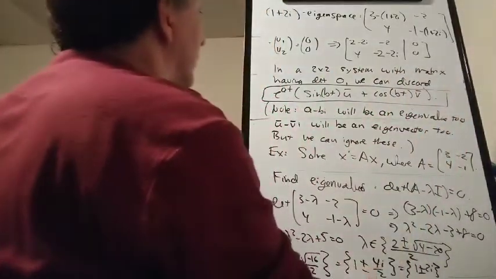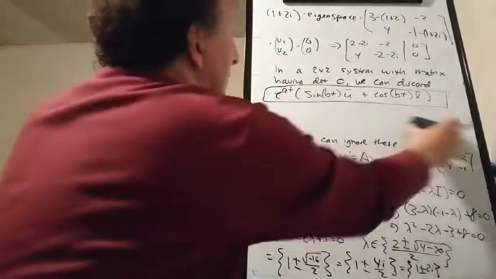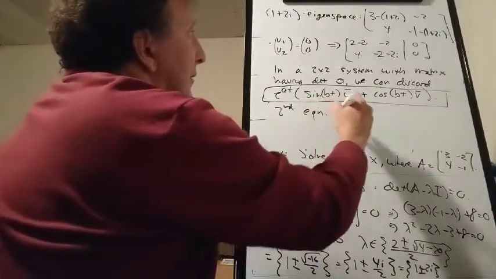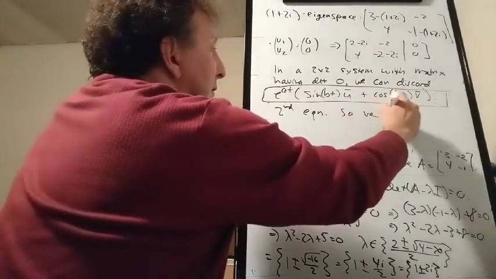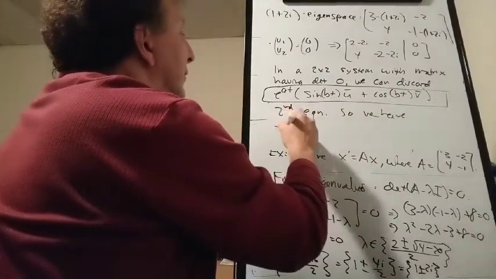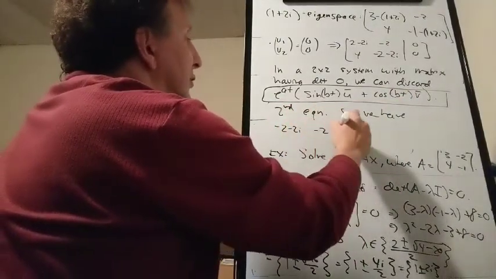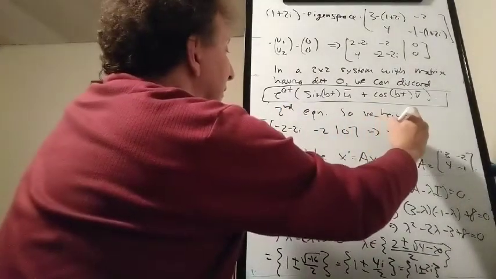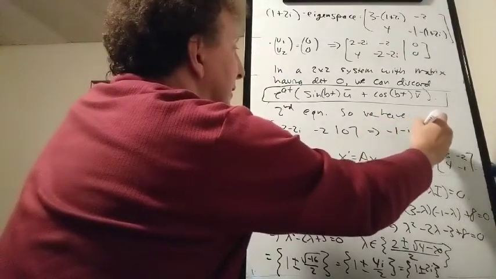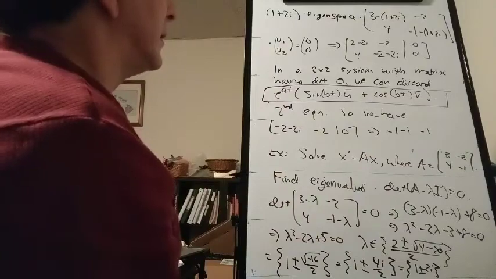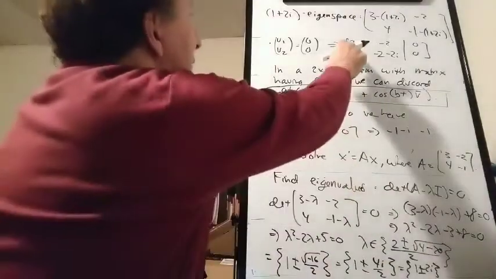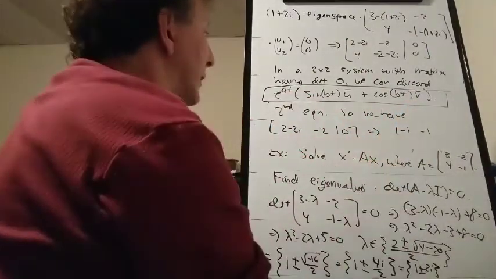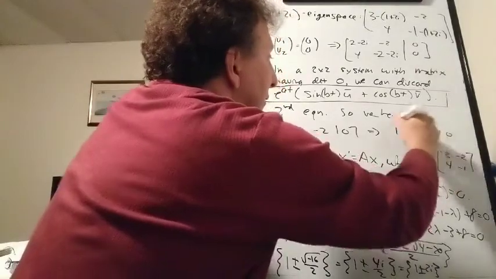So we have just negative 2 minus 2i, negative 2, 0. And if we divide by negative 2, that's 1 plus i, 1, 0. Oops, sorry: dividing by 2, that's 1 minus i, negative 1, 0.